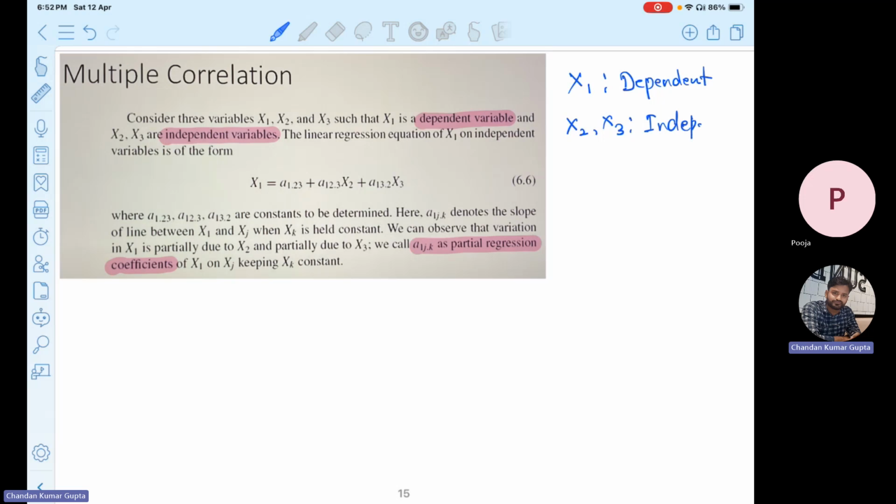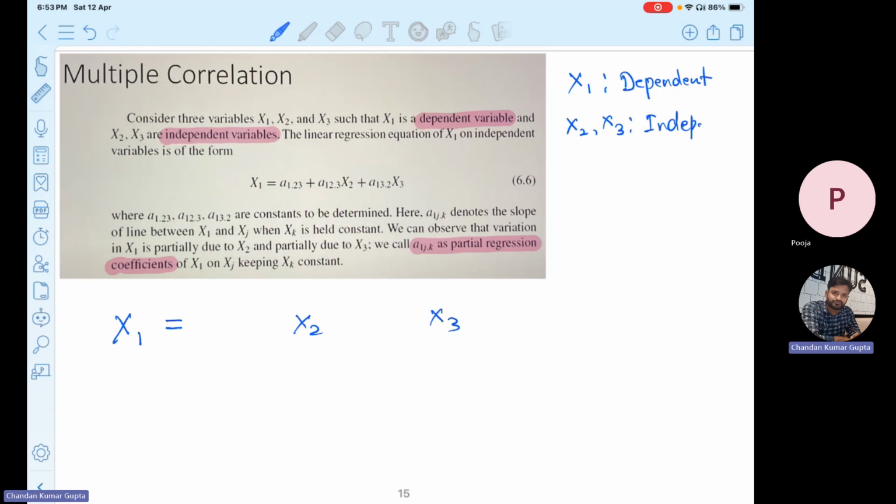We derive a linear regression equation, which we need to calculate for x1 because x1 is the dependent random variable. So x1 depends on x2 and x3, and up to what extent it depends on x2, and up to what extent x1 depends on x3.